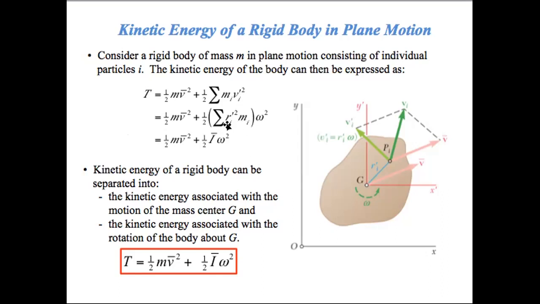So we write r squared times m times omega squared. This term represents the moment of inertia, and this is omega squared. As you can see, we got this equation. The first term represents the kinetic energy associated with the motion of the mass center G, and this term represents the kinetic energy associated with the rotation of the body about G.